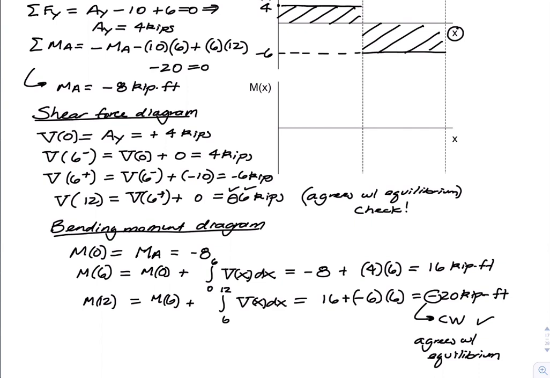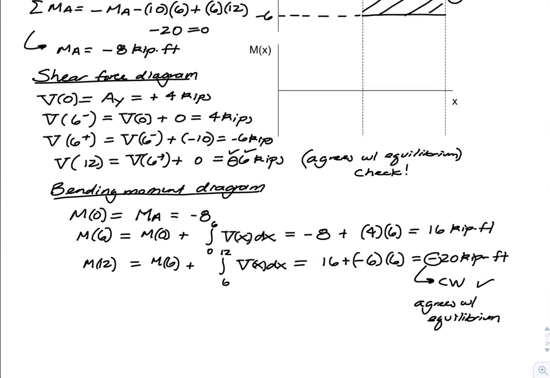So just recap what we did. We first found our reactions that allows us to start on the left side and move to the right. Once we found AY and MA, we simply moved from the left to the right using our basic equations. And our basic equations were that V of x2 is equal to V of x1 plus the integral from x1 to x2 of p of x.